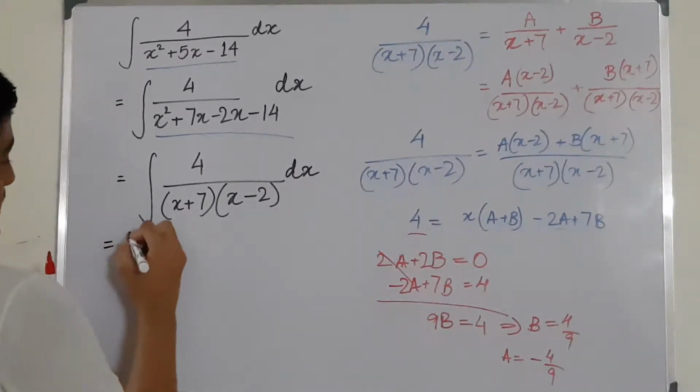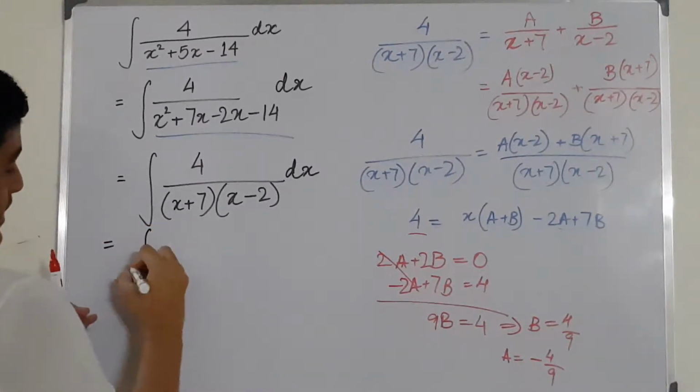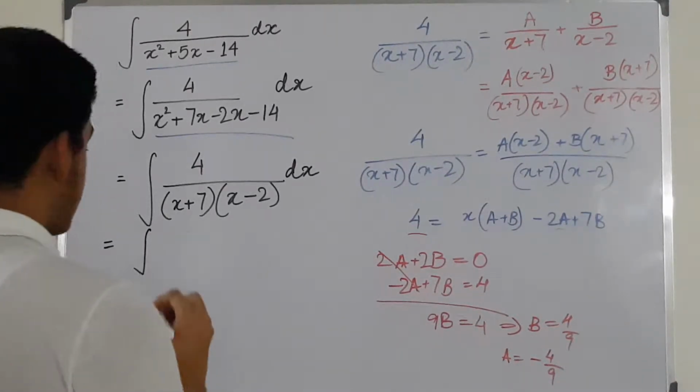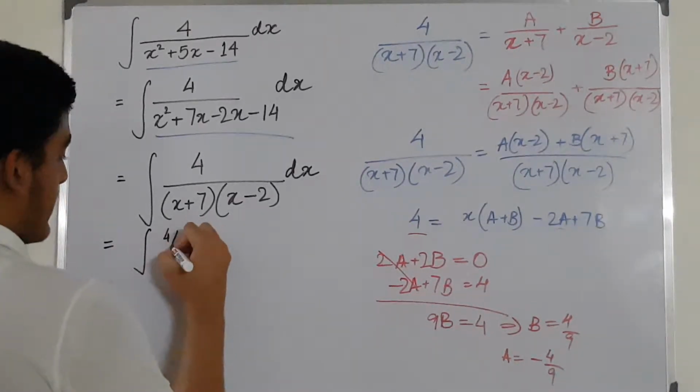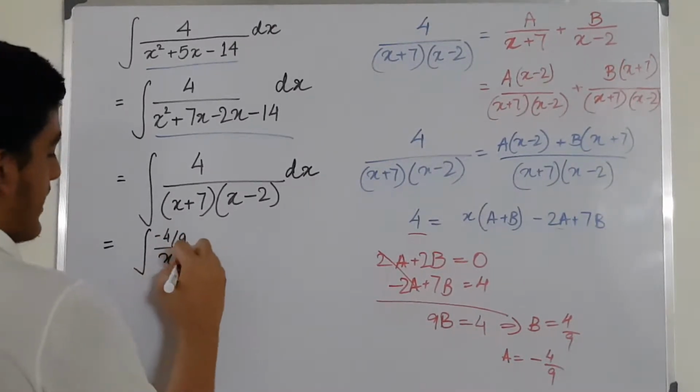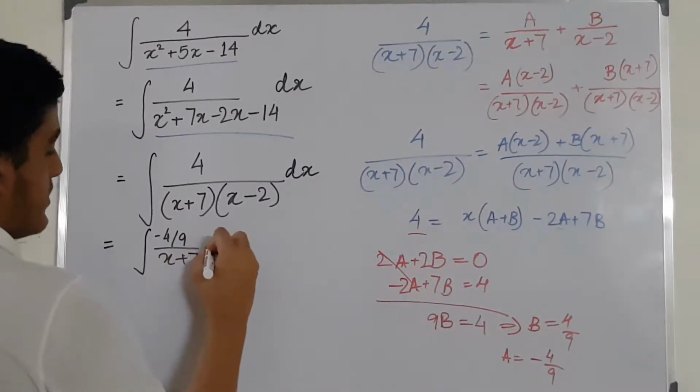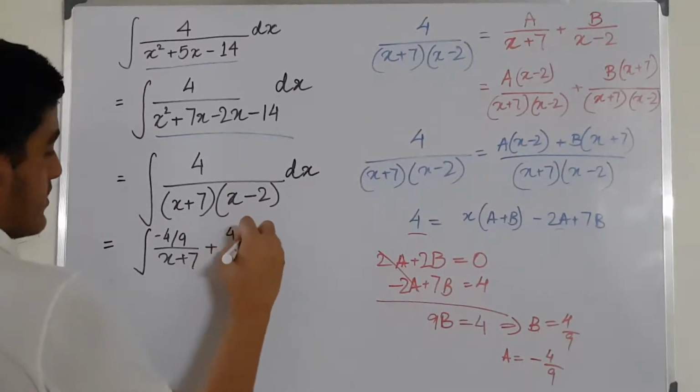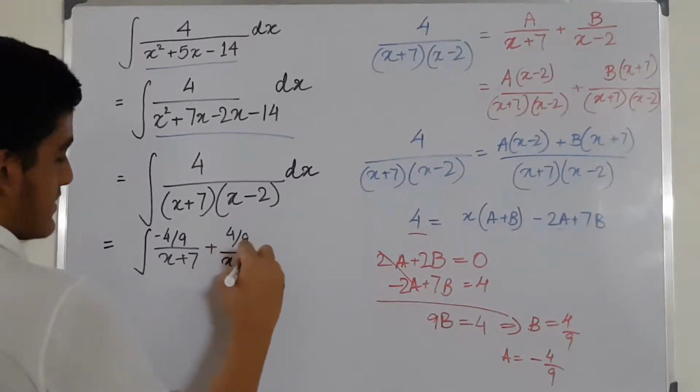So my integral is the negative of 4 by 9 divided by x plus 7 plus 4 by 9 divided by x minus 2.